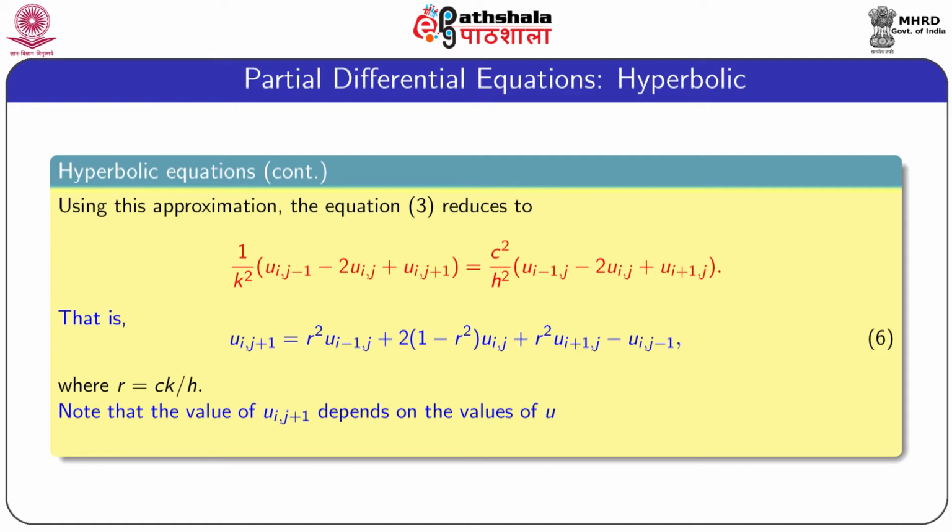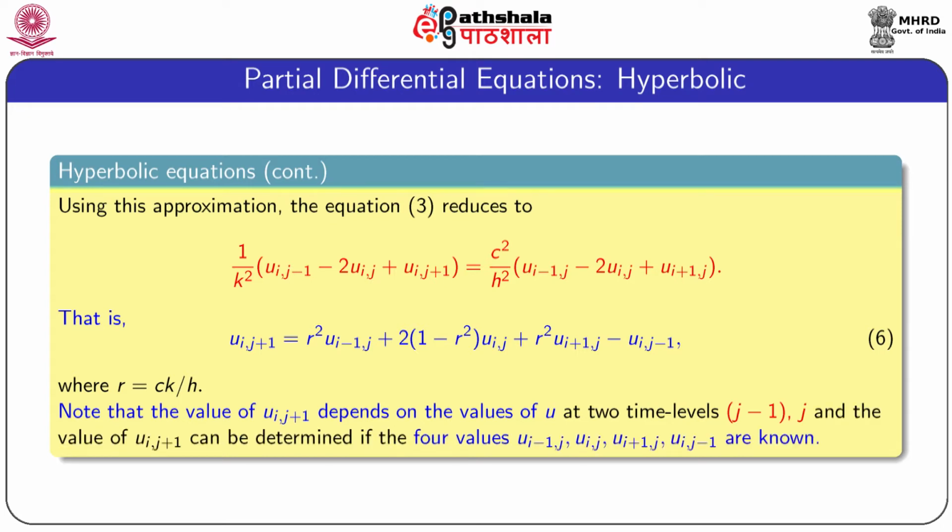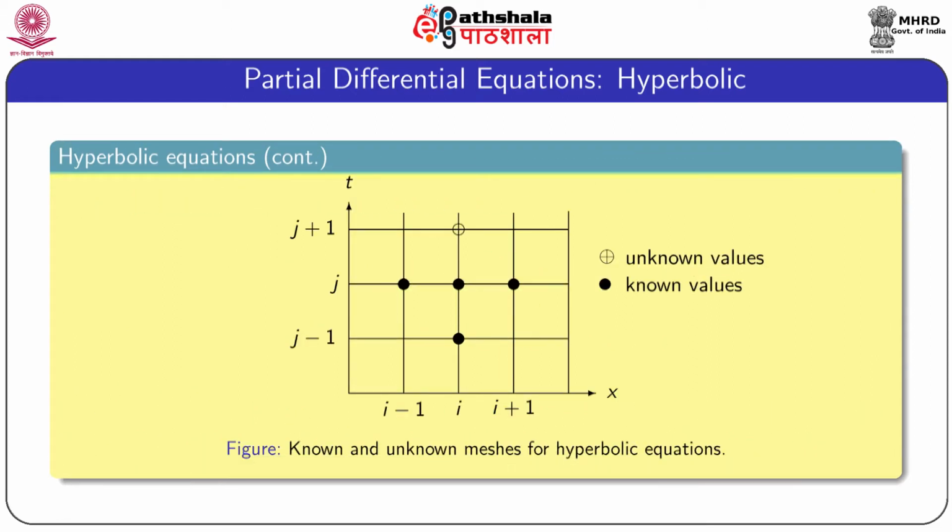That means the value of u(i, j plus 1) depends on the values of u at the two time levels j minus 1 and j, and it can be determined if the four values u(i minus 1, j), u(i, j), u(i plus 1, j), u(i, j minus 1) are known. So, this is the diagrammatic representation of the known and unknown mesh values.